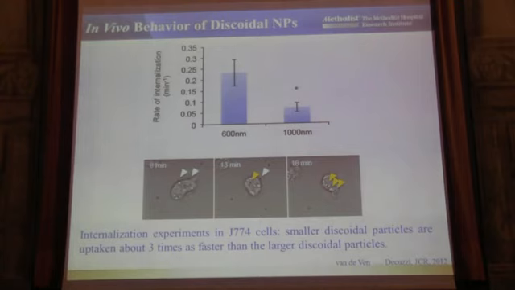Now, interestingly, why do the larger particles get into the liver less than the smaller, and the opposite happens in the tumor? Because the smaller particles, and by the way, these are still 600 by 200, they are not as small as the 100 nanometers. Anyway, the smaller particles are taken up by macrophages more rapidly than the larger particles because of their size.